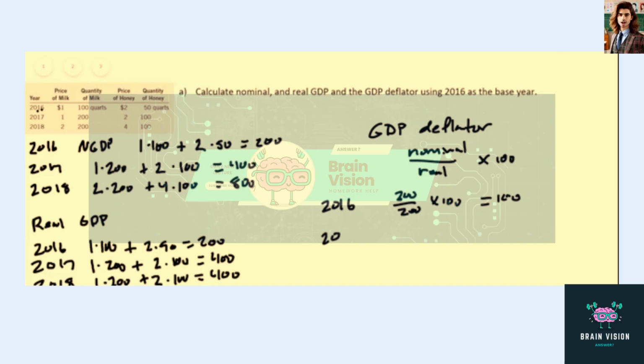For 2017, we have nominal GDP over real GDP times 100, which also equals 100. And for 2018, we have 800 over 400 times 100, which equals 200.